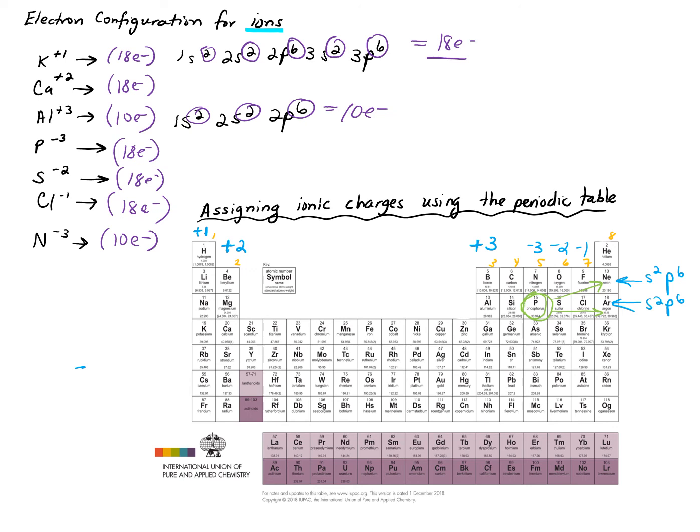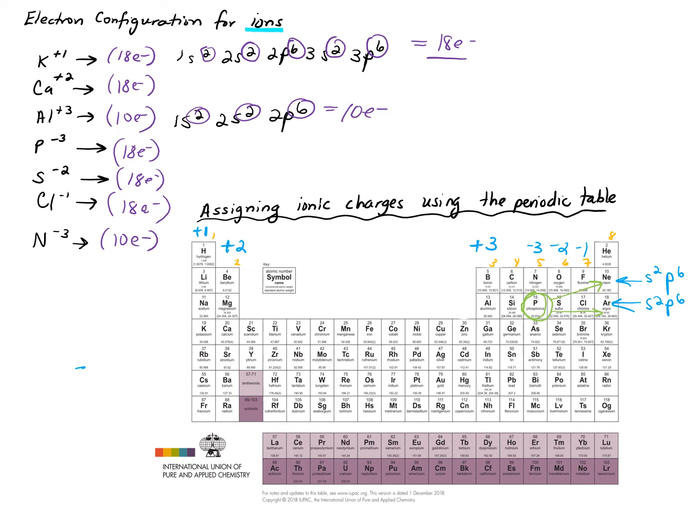But carbon has 6 electrons, right? If you look at neon, it has 10 electrons. For carbon to have the same electron configuration as neon, it will have to gain 4 electrons. So it's the same number of electrons to go to the same electron configuration as helium or neon.